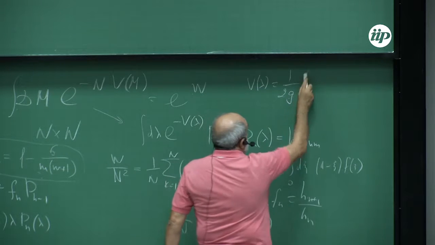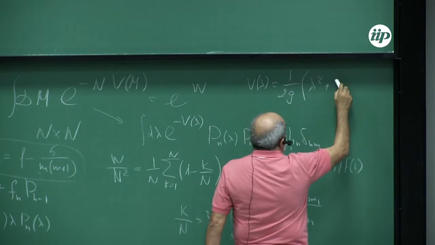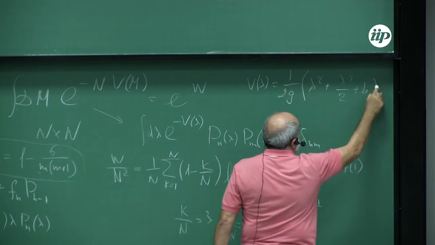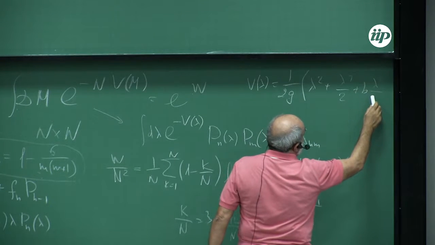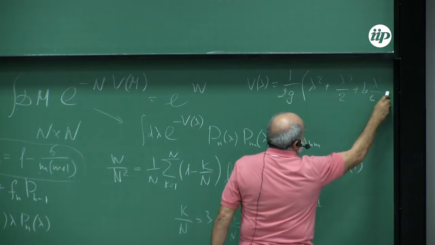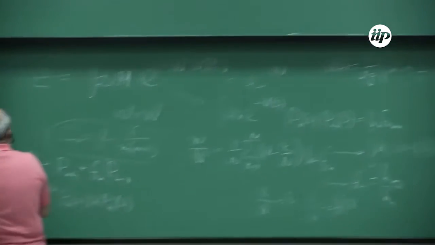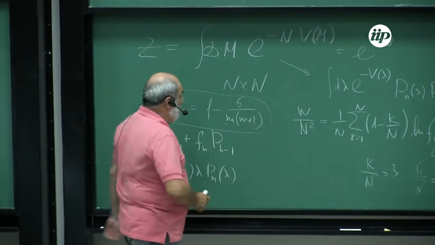G is a coupling constant. It depends on the potential of the matrix model.